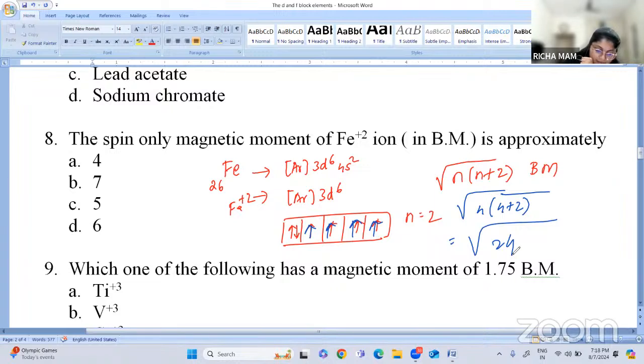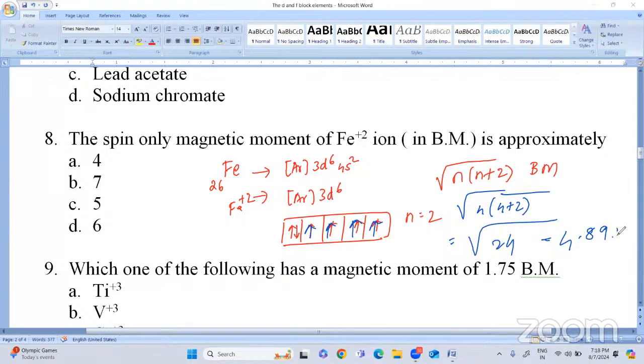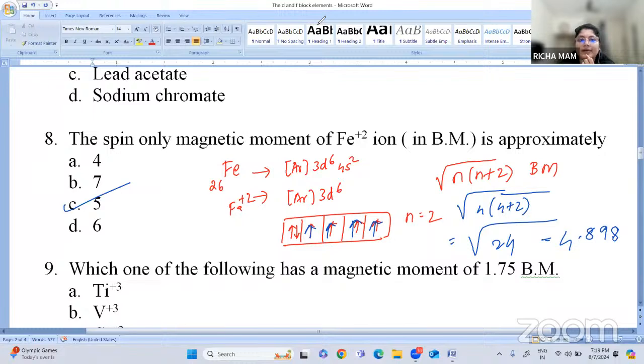It is 4.89, which is related to 5, 4.85. Option C, ma'am. Yes, very good.